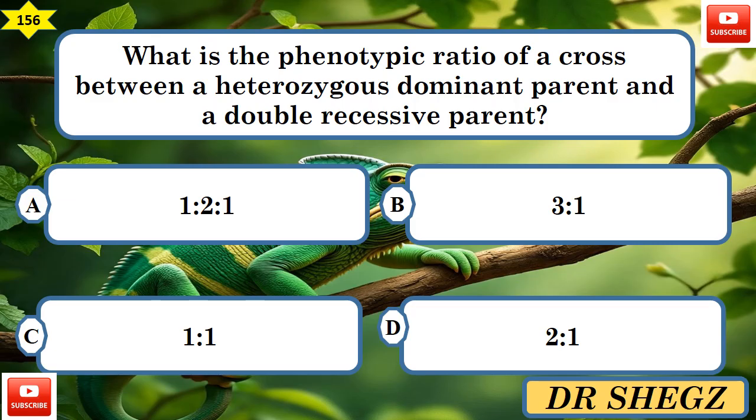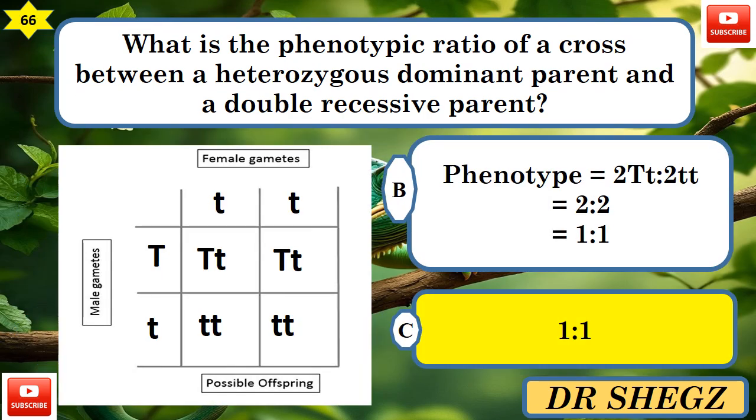What is the phenotypic ratio of a cross between a heterozygous dominant parent and a double recessive parent? Now, this is the heterozygous dominant parent.